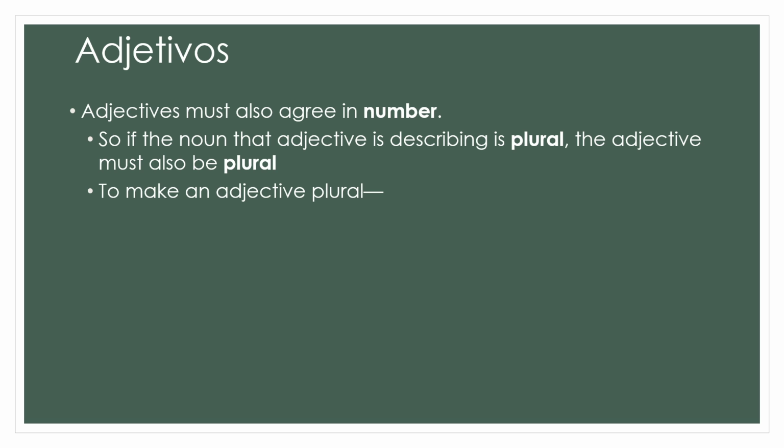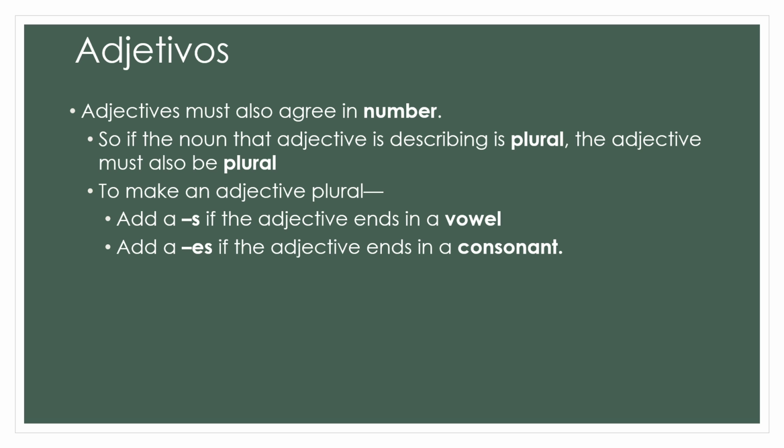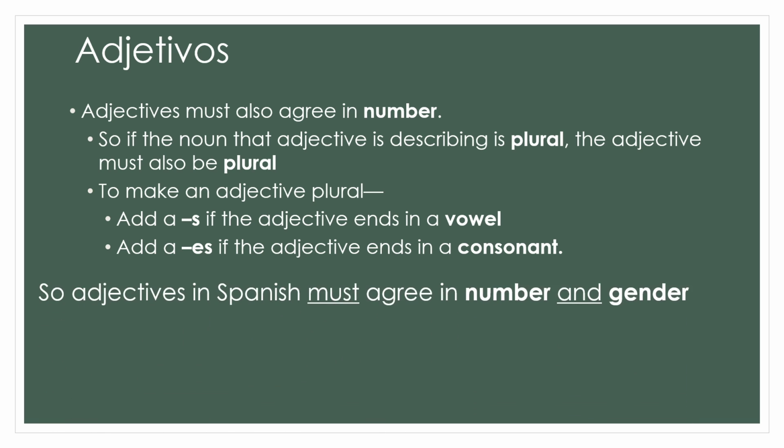How are we going to make that adjective plural? It's going to look really familiar to you. If the adjective ends in a vowel, you're going to add an S. If the adjective ends in a consonant, you're going to add an ES. Same way we did with your nouns. Okay, you do the same thing with your adjectives. Remember, all adjectives in Spanish must agree in number and gender with the nouns that they are modifying.